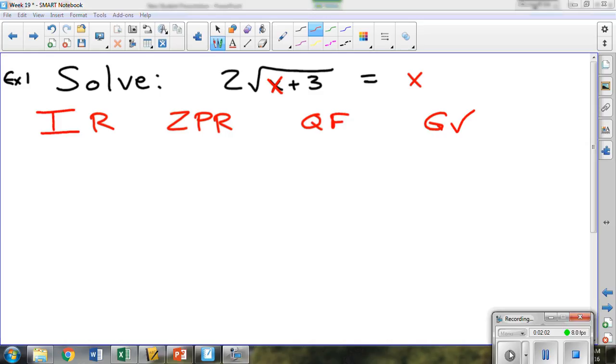Does the quadratic formula work? Not right now. And I say not right now because part of our strategy that we're going to learn today is to see how we change this so that it might fit the zero product rule, or the quadratic formula. It clearly does not fit now, but with some algebraic manipulation, we can get it there.